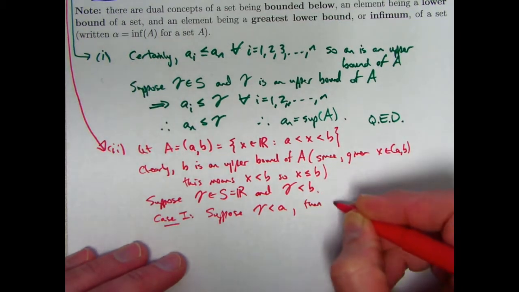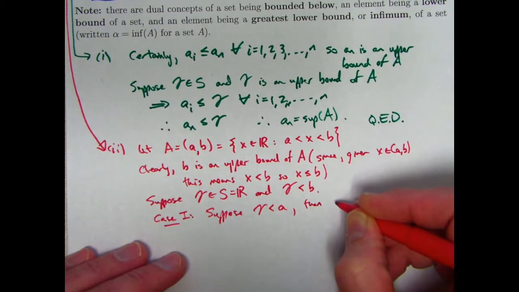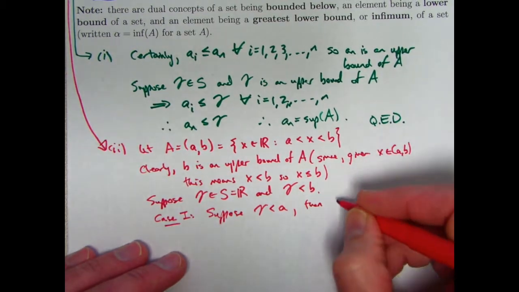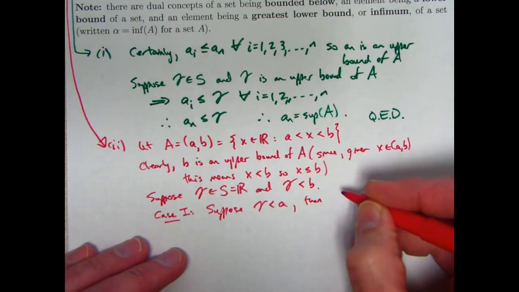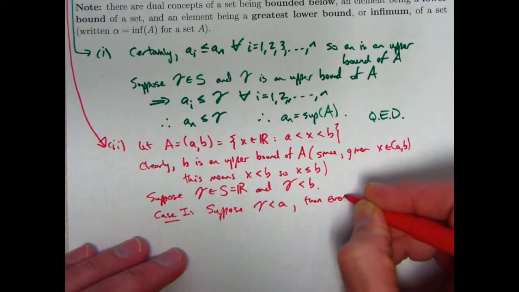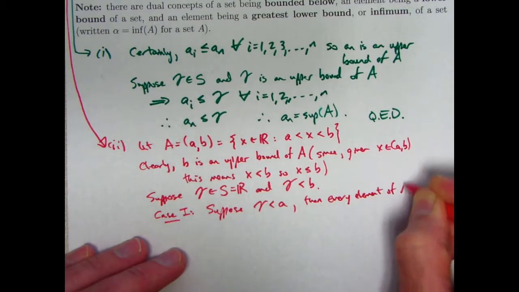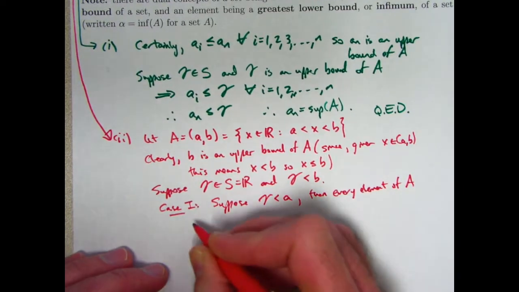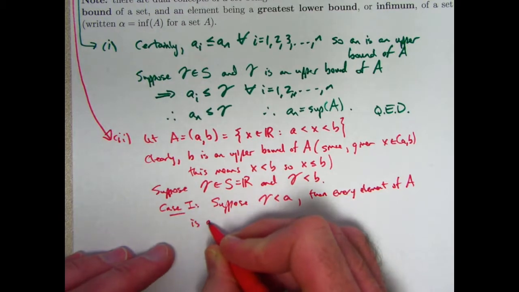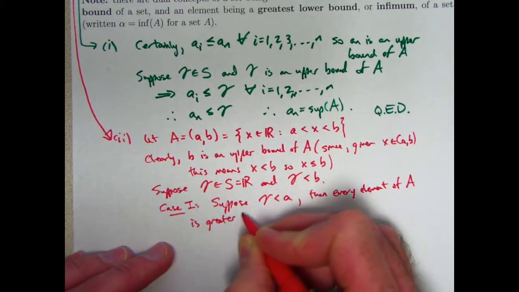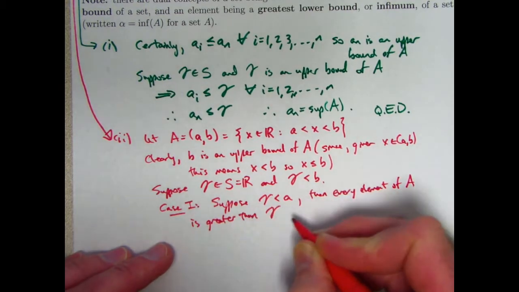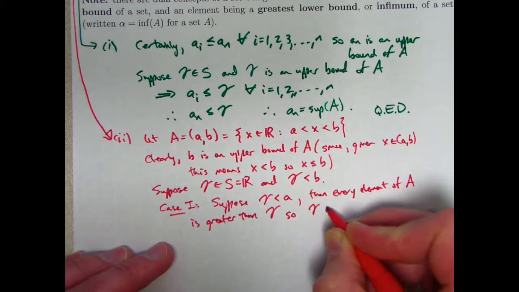You don't have to say every element, you just need to show there exists at least one element. But every one of the infinitely many elements is bigger than gamma. And every element or number in A is greater than gamma. So gamma is not an upper bound of A.